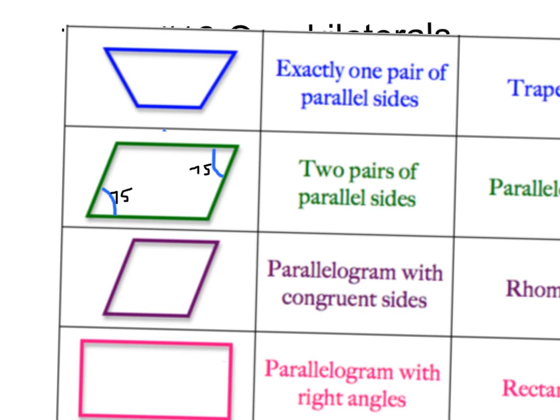Another feature that happens to be true is that the consecutive angles are supplementary. So that means if I've used up 75 for both of these angles, then this angle here would have to be 105 to make a linear pair of 180 degrees. And if that's 105 degrees, then its twin brother over here will also be 105 degrees.